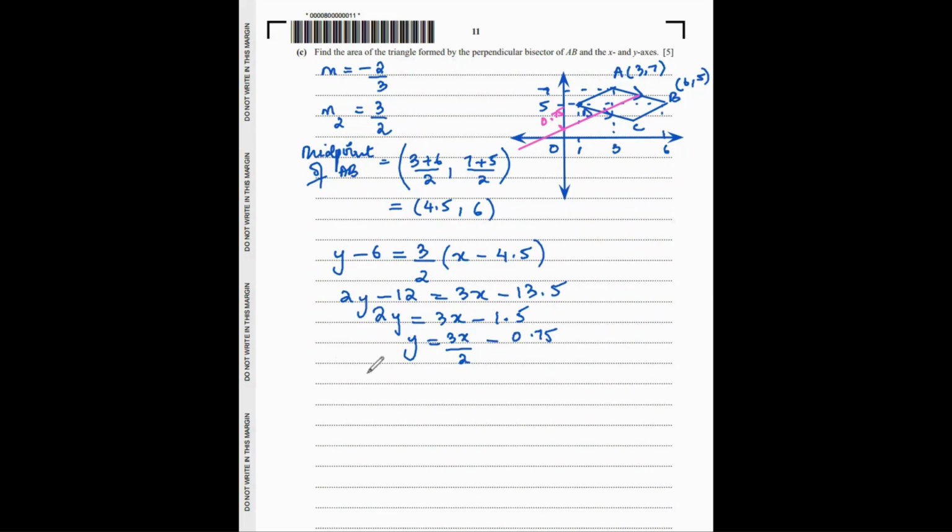So at y equals 0, 0 equals 3x over 2 minus 0.75. So 0.75 equals 3x over 2, which gives us 0.75 times 2 over 3, and that's 0.5. So this over here is 0.5.